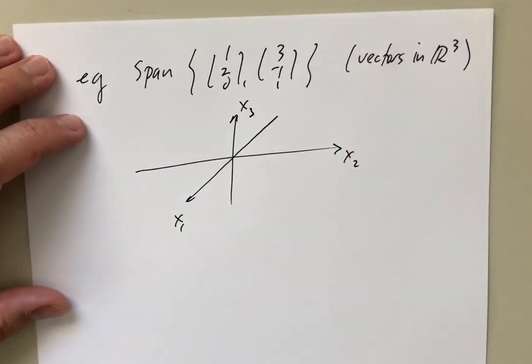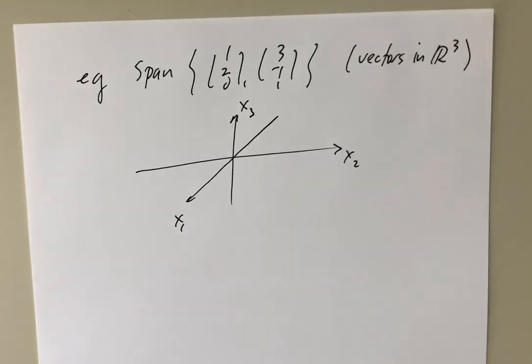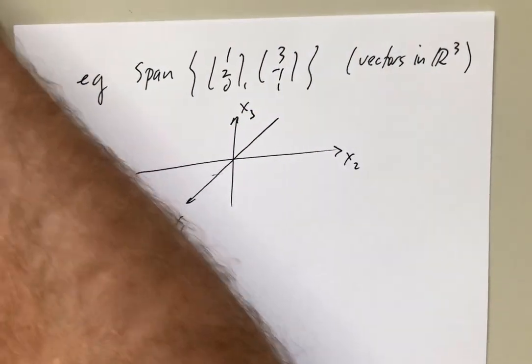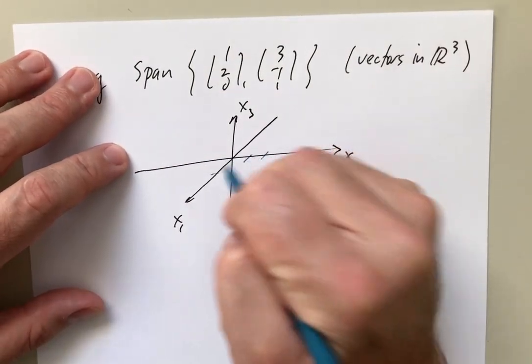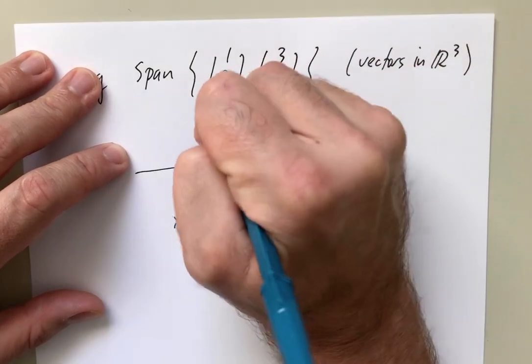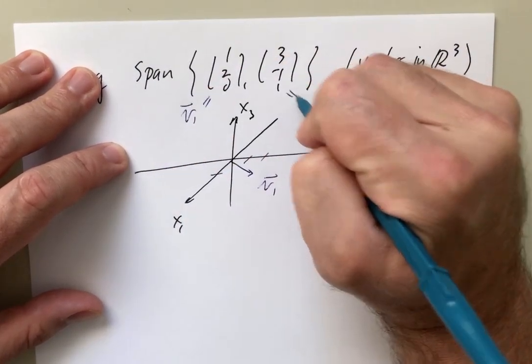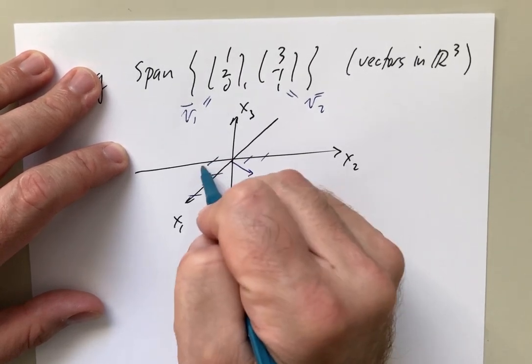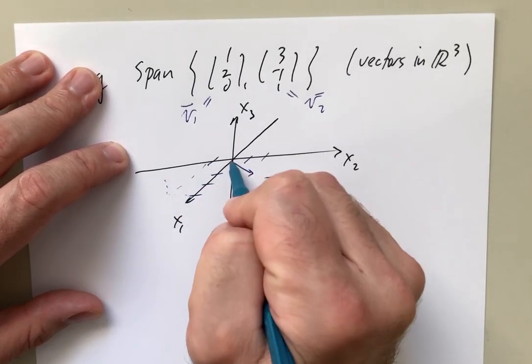This is 1, 2, 0, so the vector, say, v1. Say this is v2, so v2 is 3, minus 1, and then up 1. So it's something like this.